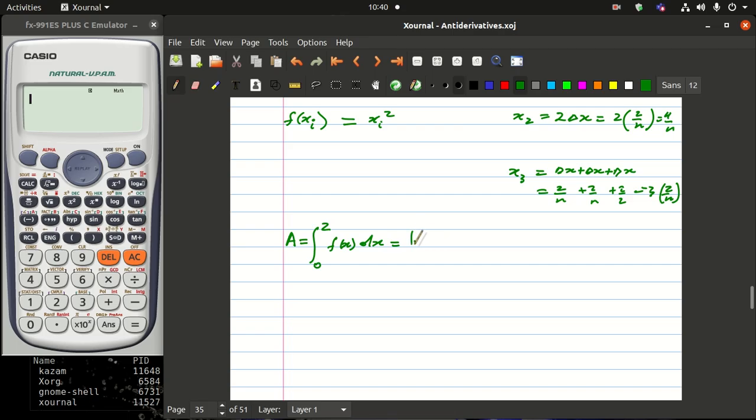This is the limit as n approaches infinity of f of x1 times delta x plus f of x2 times delta x plus and so on, up until f of xn times delta x.